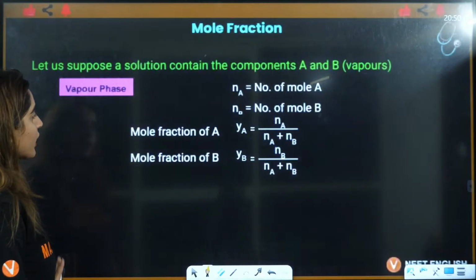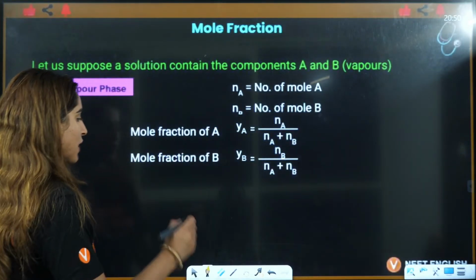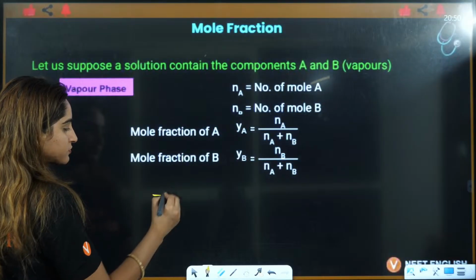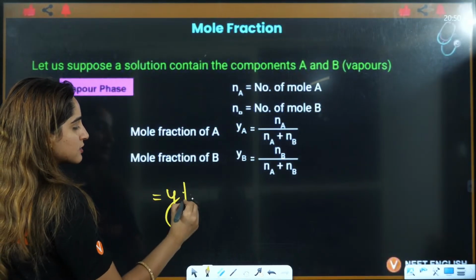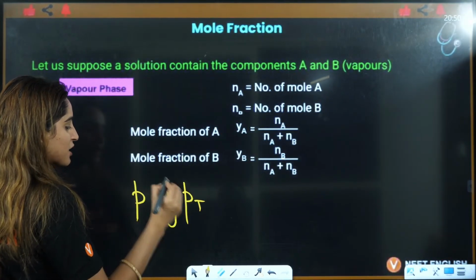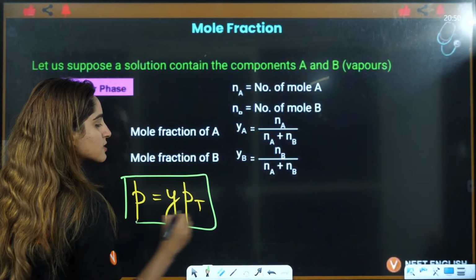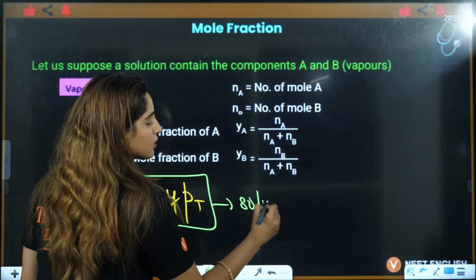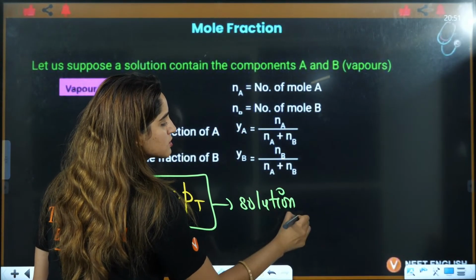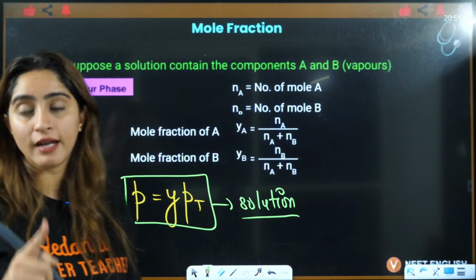Now, talking about the vapor phase formula, there is one more formula, that is Y, this is PT. This is partial pressure. We will discuss this in the solution chapter, when I discuss Henry's law.